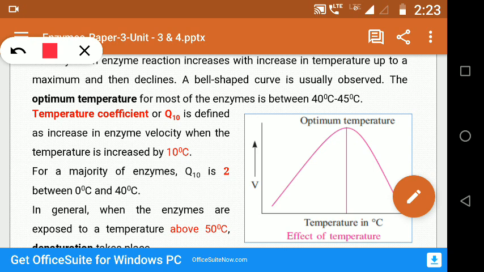This is only true within a temperature range of 10 to 40 degrees centigrade. So in this range only the temperature coefficient Q10 definition works well. Beyond 40 degrees centigrade, it may not work because of the denaturation of the protein. So the Q10 is always 2 for almost all kinds of enzymes.